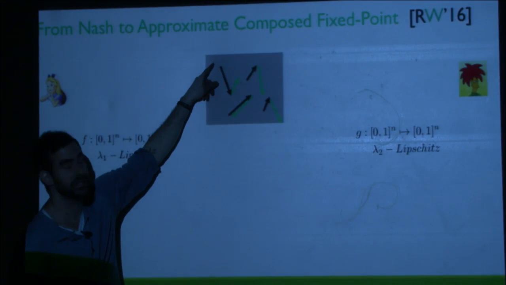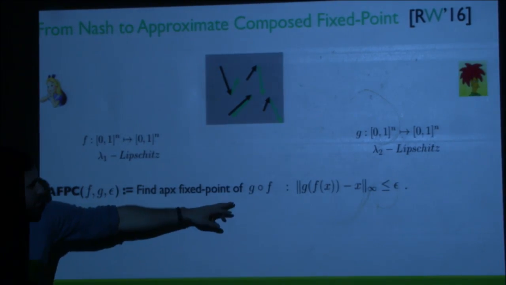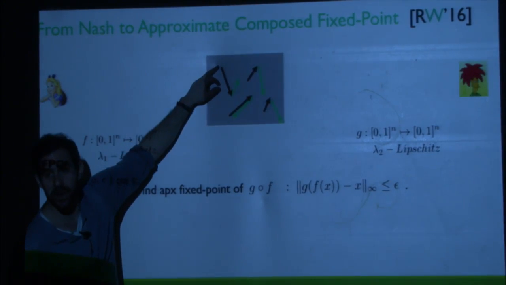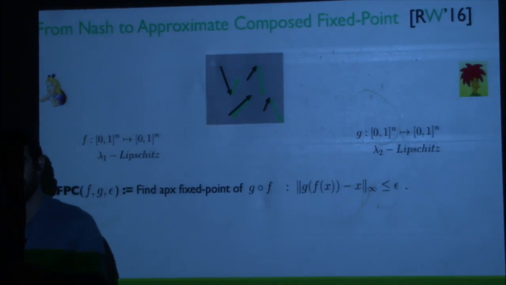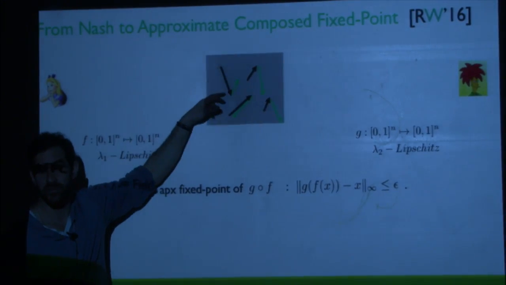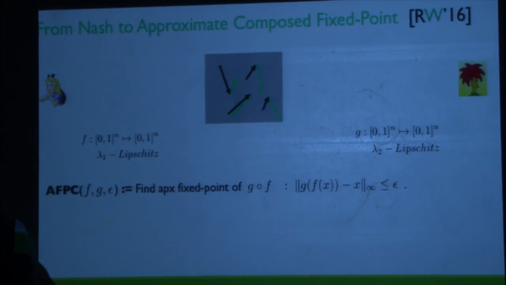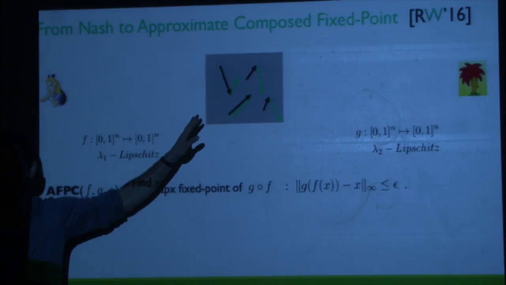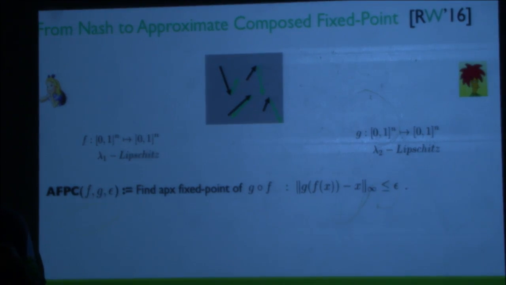The composed function g composed with f is obtained by concatenating these edges, right? f takes x to f of x, and then g takes f of x to g of f of x. I'm just saying this is a figurative illustration, because it will be easier to understand later. So does it make sense?